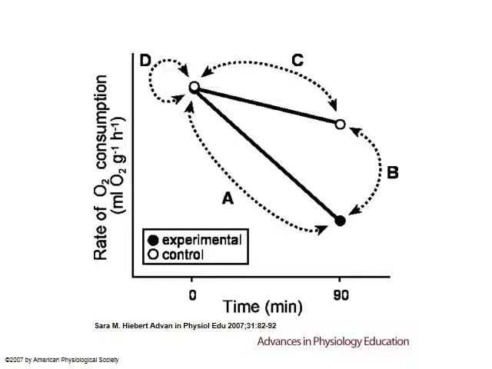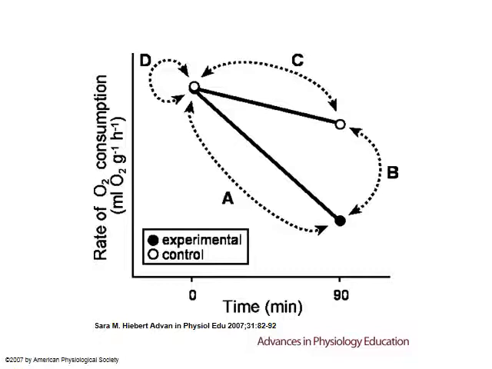So let's talk about some of the different possible comparisons you could make. You basically have 4 mean values. You have the control group at time 0, the control group at 90 minutes, the experimental group at time 0, and the experimental group at 90 minutes.